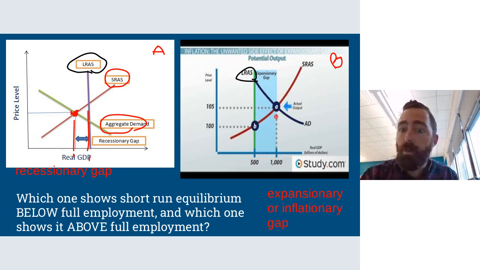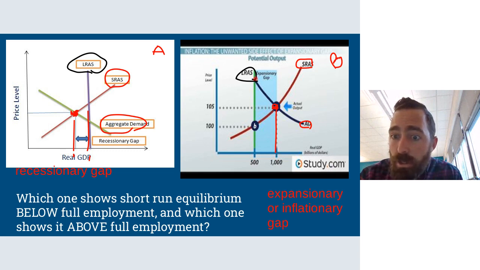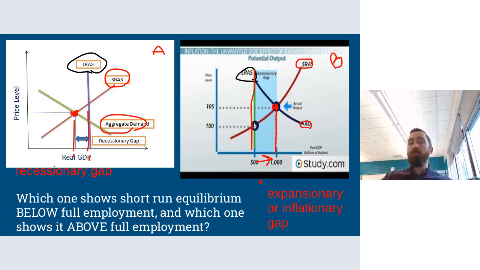Over here, notice that your short-run equilibrium is ahead. Remember, short-run equilibrium is where short-run supply and aggregate demand intersect. You're ahead of your goal. Here's long-run equilibrium, long-run supply. You're ahead of it, okay? And so because of that, your economy is doing better than expected.